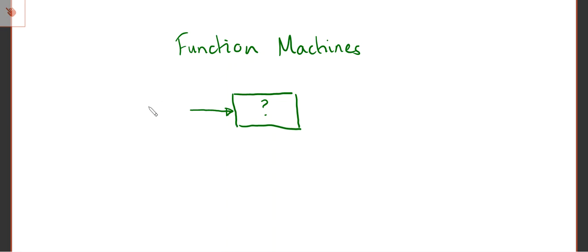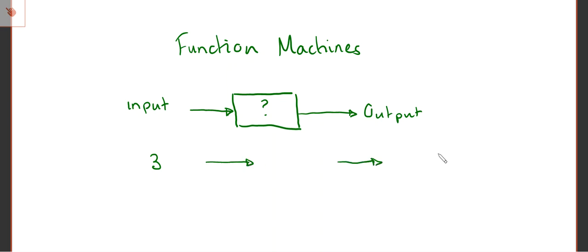The number going in is called an input. And what comes out is... I'll give you an example. So for instance, I can put 3 into my function, okay? And what comes out is a 6.